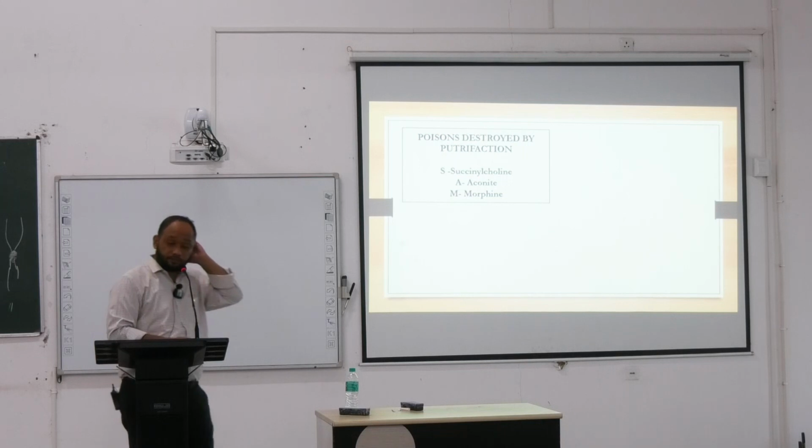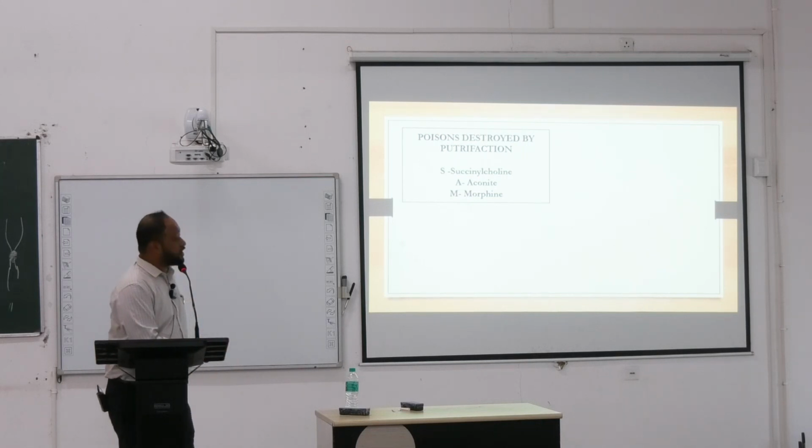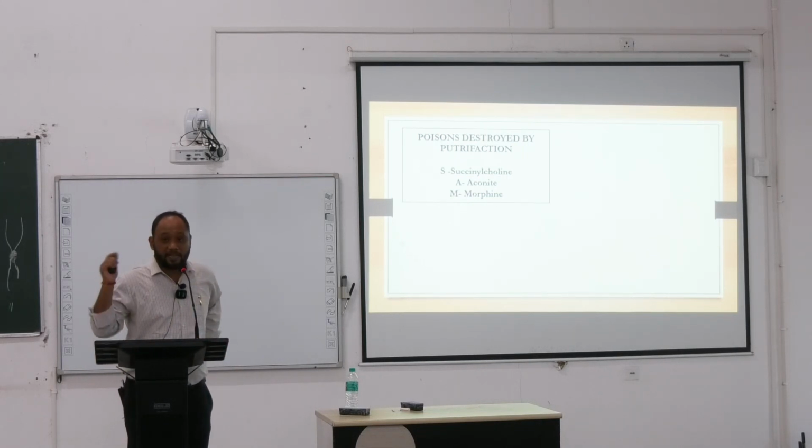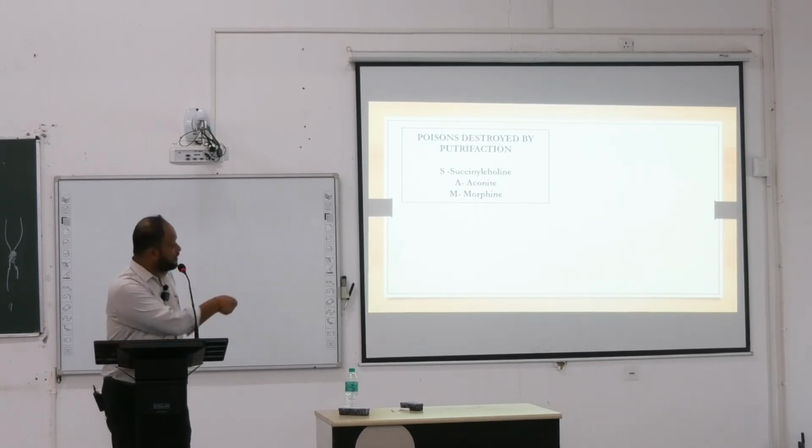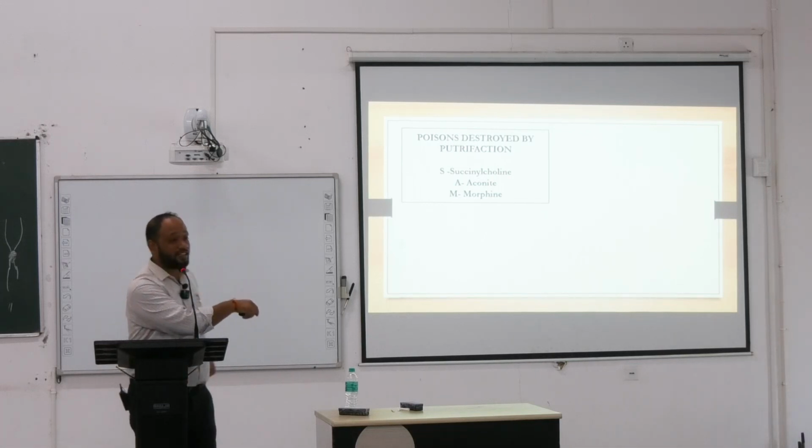Now poisons destroyed due to putrefaction. Uncle Sam জানিস তো কে? হ্যাঁ, আঙ্কেল স্যাম জানিস? আমেরিকা, আঙ্কেল স্যাম, never mind. America is getting destroyed, so let it be poisons getting destroyed.